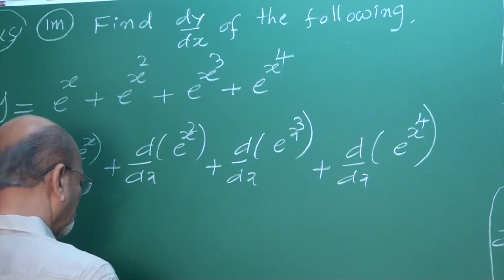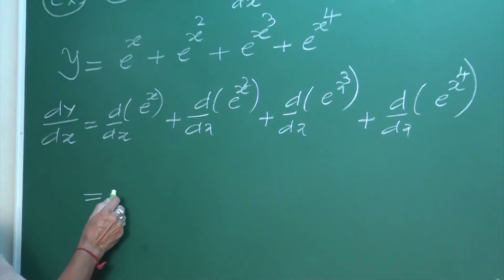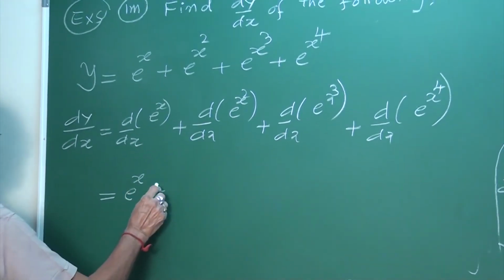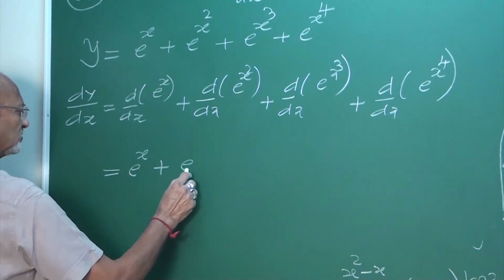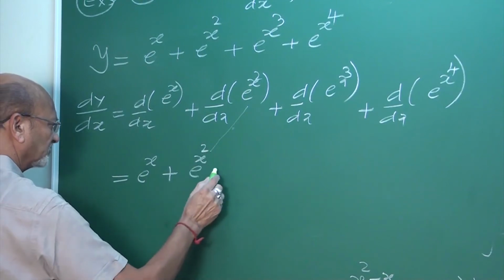This is the basic: e to the power x, plus, same as I told, first write in case of exponential as it is.